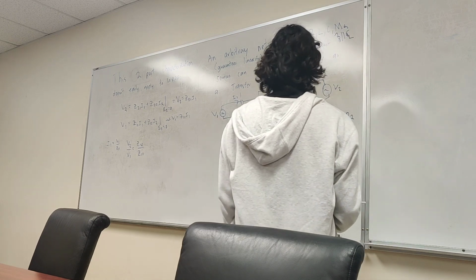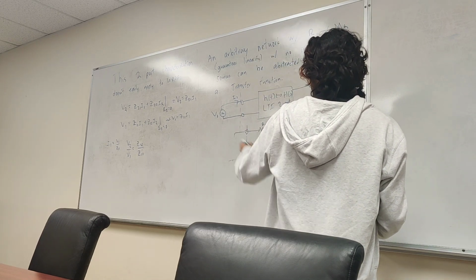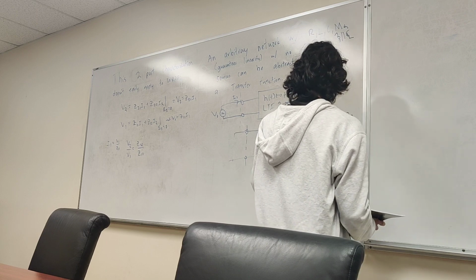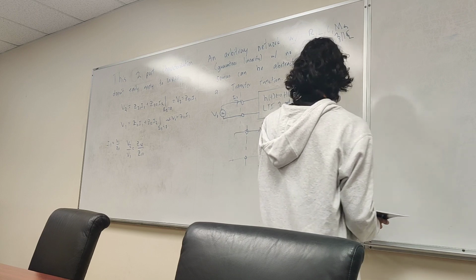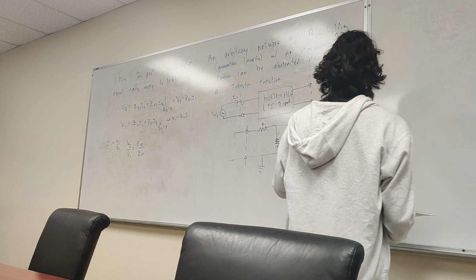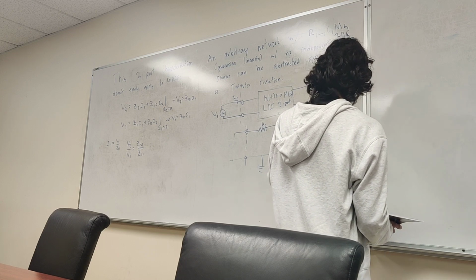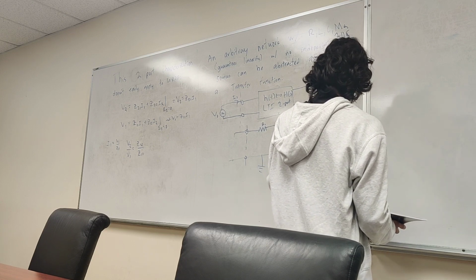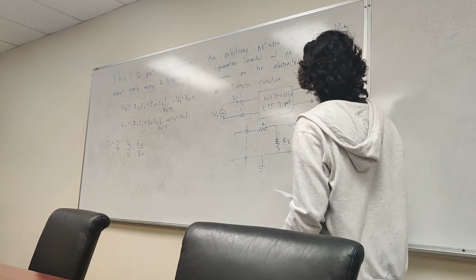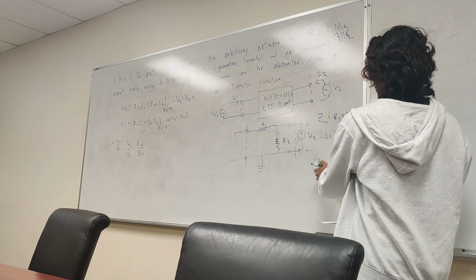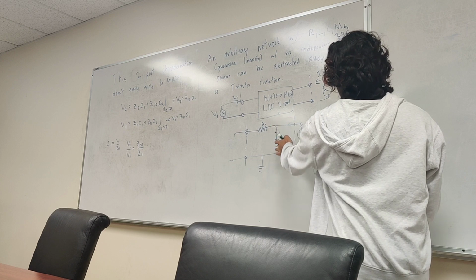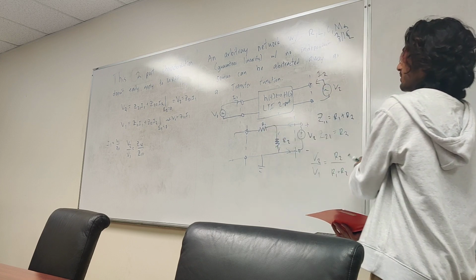And then we apply that equation now, V2 over V1. It's going to be R2 over R1 plus R2. You see this is just a voltage divider, right? So V2 is going to be V1 times R2 over R1 plus R2, exactly what we get here.